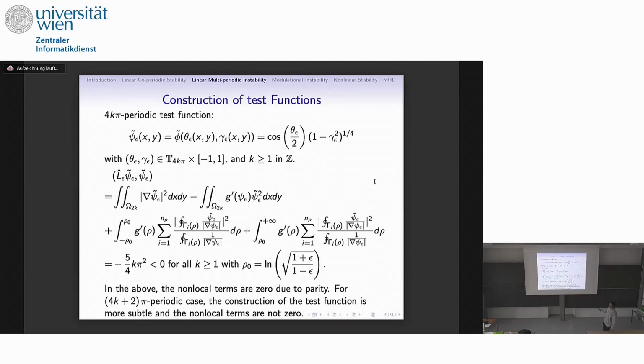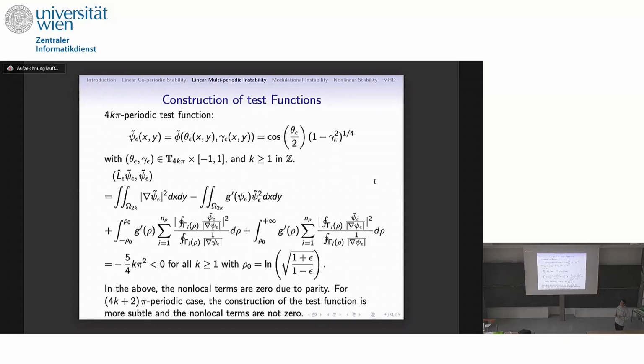In particular, the non-local term becomes 0 when you choose this kind of test function, so you can compute explicitly that this quadratic form is indeed negative. The construction for other multiples, like a triple period, is much more subtle. We're not describing it here, but we can still get it done. So we prove that any multiple period is always unstable.